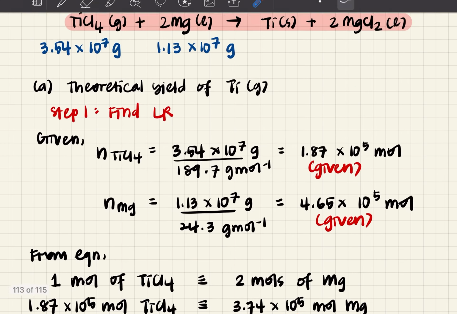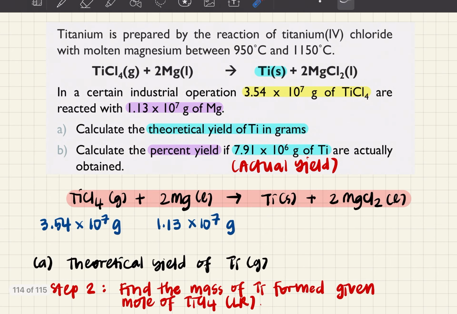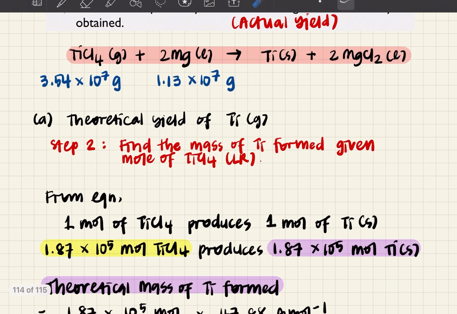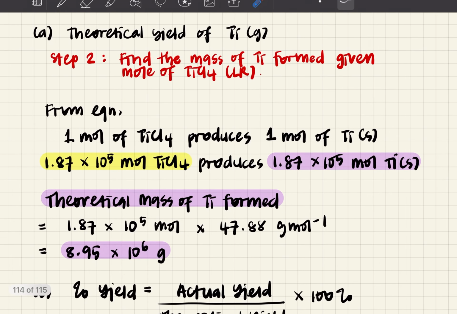So now that we know that titanium chloride is your limiting reactant, we will use titanium chloride to find the mass of tin form. Okay, so maksudnya sekarang kita akan gunalah the mole of titanium chloride untuk bandingkan dengan the mole of tin. Tin pula, titanium. Okay, titanium solid.